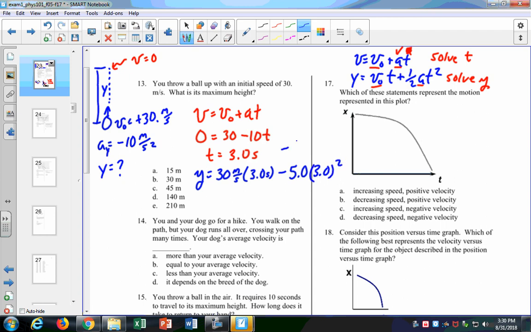What I did is I said 1/2 of negative 10 meters per second squared, 3 seconds squared. But I just shortened that, did minus 5. And so that's 90 minus 45. So the answer is C. All right? This was 2 sig figs right here. That's 30.